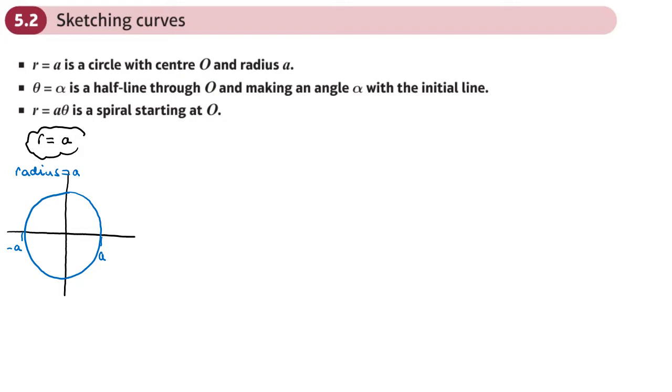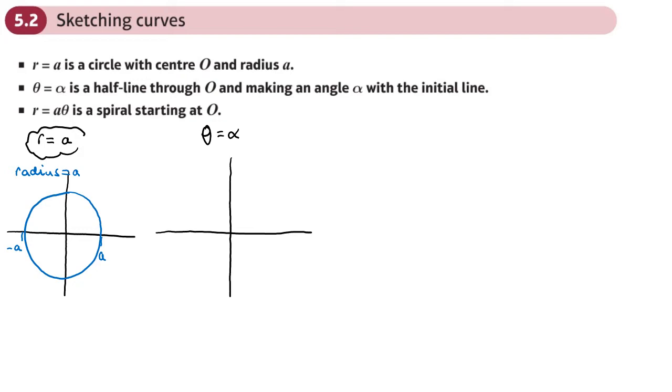Okay, the next type is where we have theta equals alpha, so it equals a particular angle. Now this is a half line. We've come across half lines before with complex numbers and Argand diagrams. It's a half line that starts at the origin and makes an angle of alpha with the initial line.